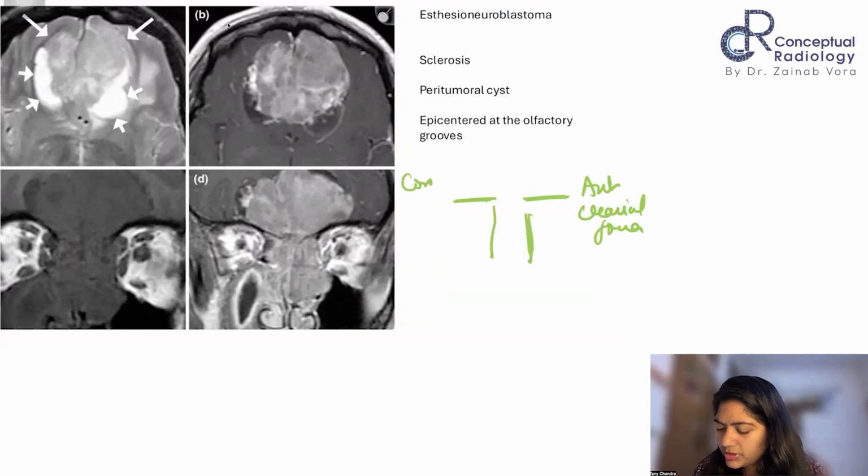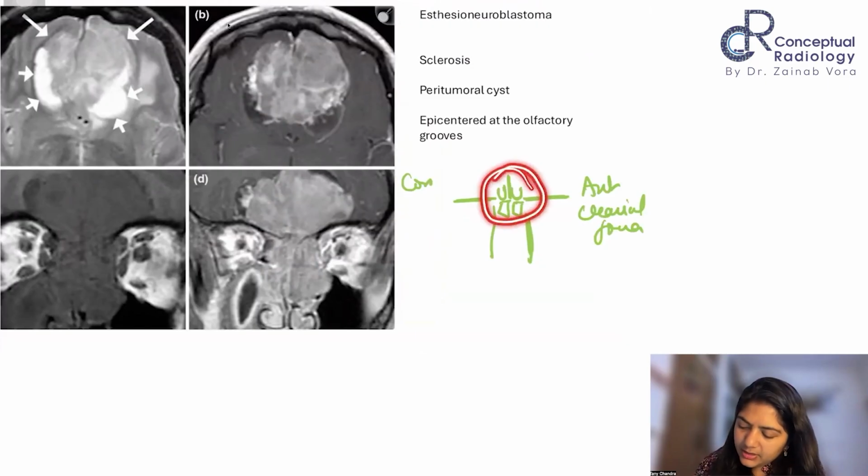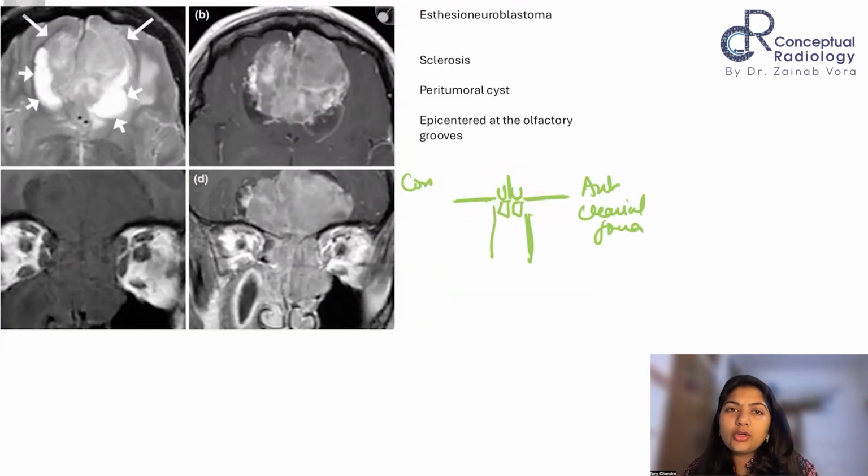This is your nose region, right? So you have your ethmoid air cells here. You have your olfactory grooves here. You have your crista galli here. And if your epicenter is somewhere here, then you can think of a neuroectodermal tumor, which is esthesioneuroblastoma.